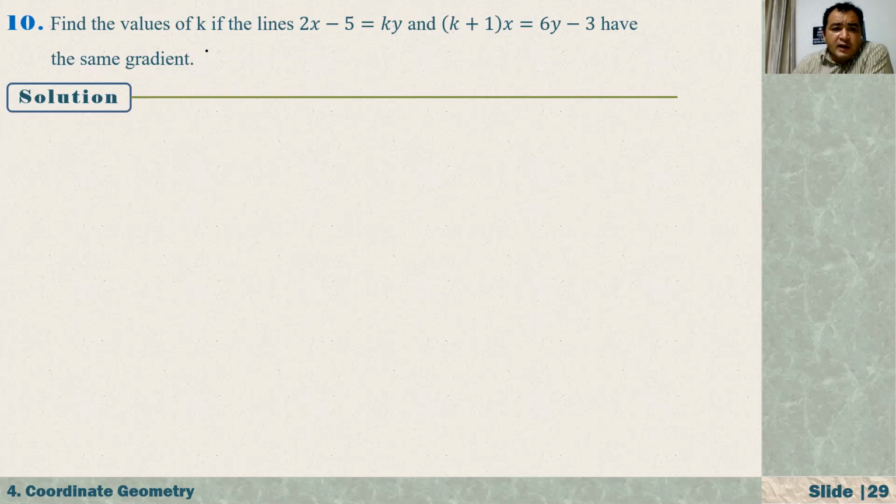Yeah. Okay. Find the values of k if the lines, the first line, because from the equation we can recognize that it's the equation of a straight line, and these lines have the same gradients. What do you think? How do you solve this equation, Eldar? Do you have any suggestion?